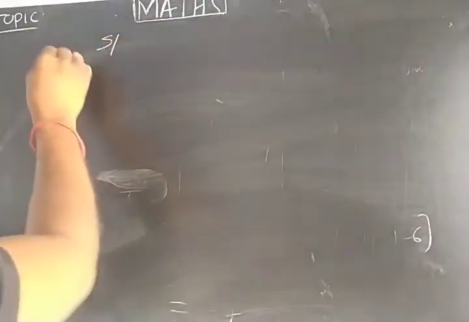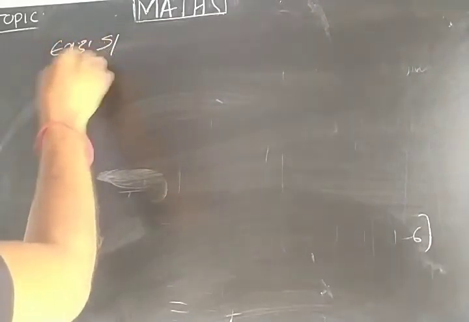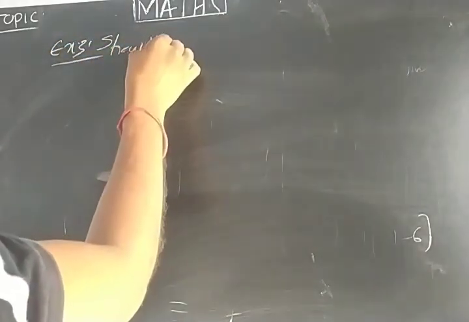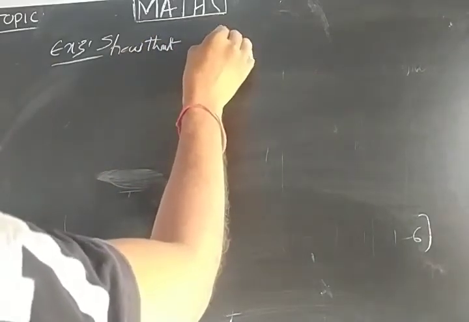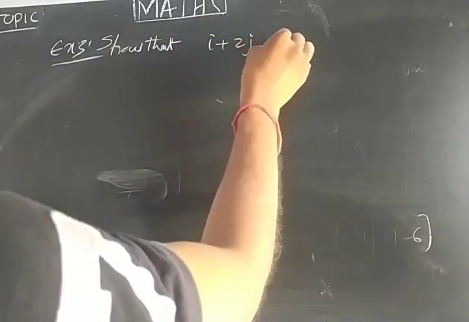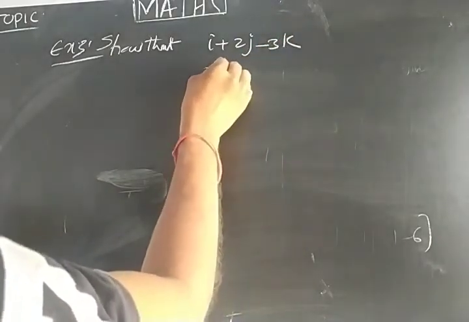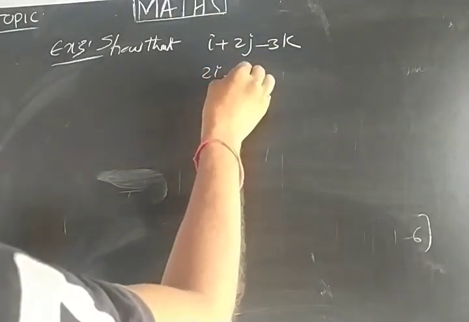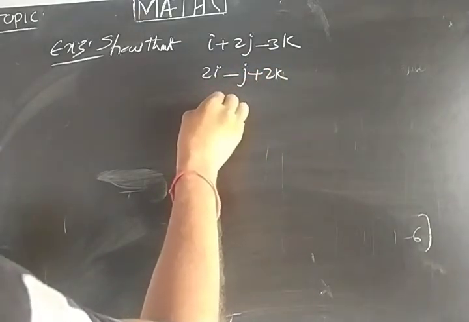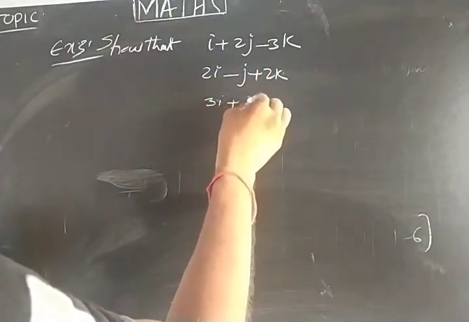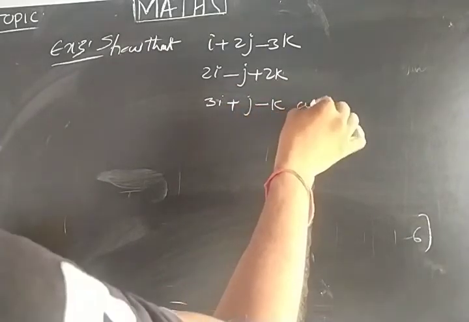One more example. Example 3. Show that i plus 2j minus 3k, 2i minus j plus 2k, 3i plus j minus k are coplanar.